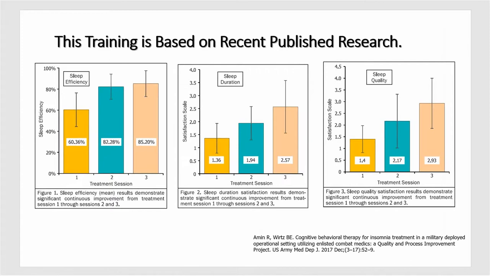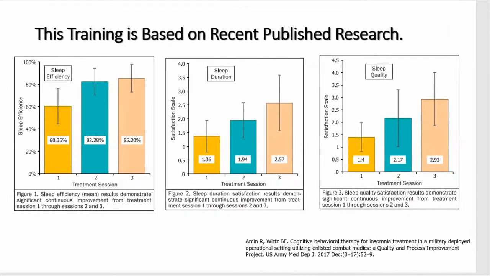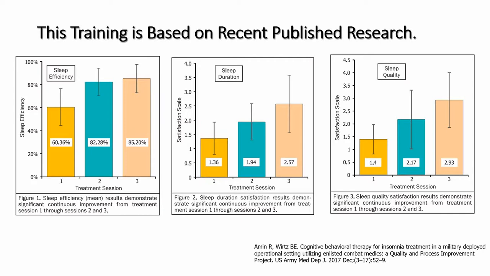So the training you're going to be learning is based on this, and if you are someone who is into reading medical articles, you can look this up and read it to see what it all entailed.